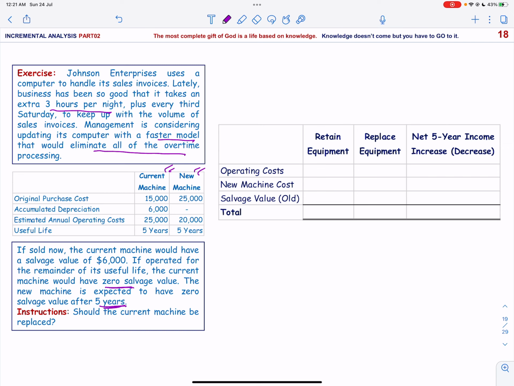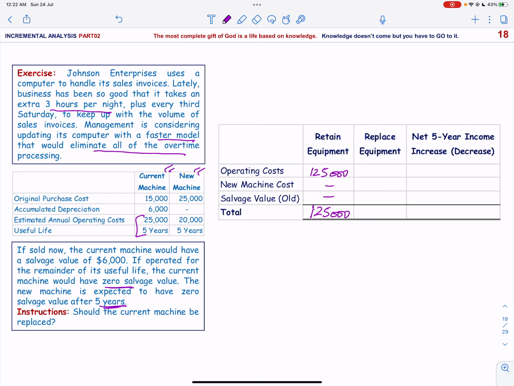So the annual operating cost, if we are going to retain, is 25,000 for 5 years. That makes 125,000. We are not going to buy the machine. If we are retaining, there is no salvage value. So the total is 125,000.